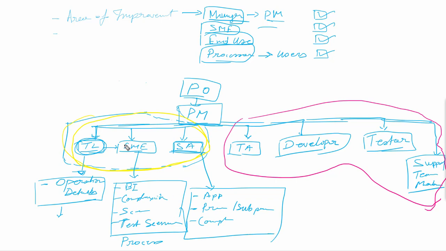By the way, in a lot of organizations, the subject matter expert can also play the role of solution architect if he or she has the technical acumen simultaneously to propose a solution, analyze the solutions, and deep dive into that. So this is how a typical team structure looks like.